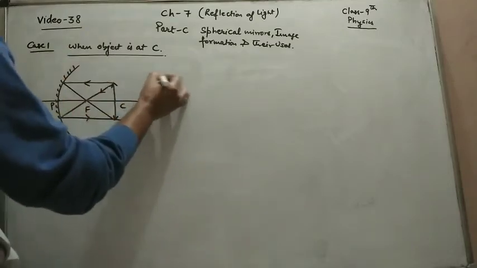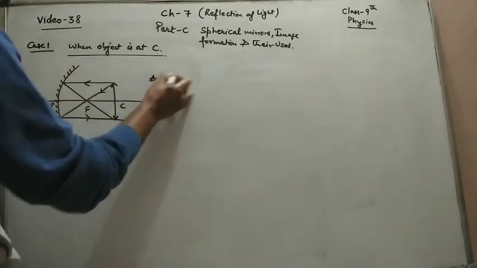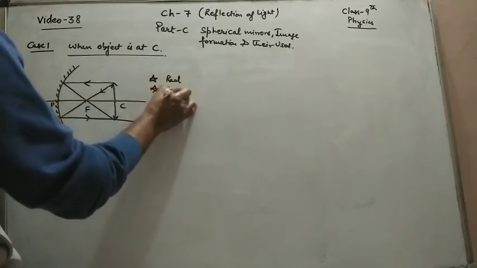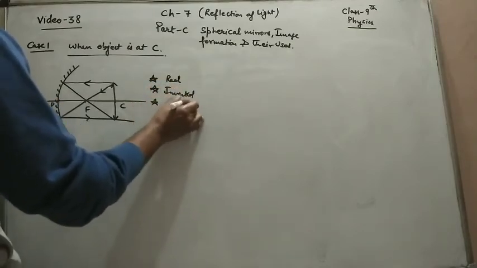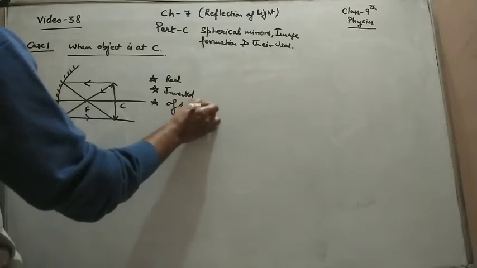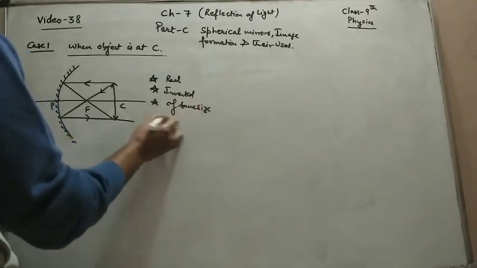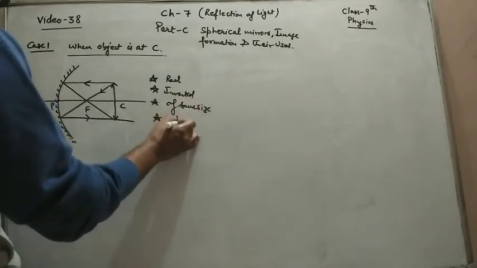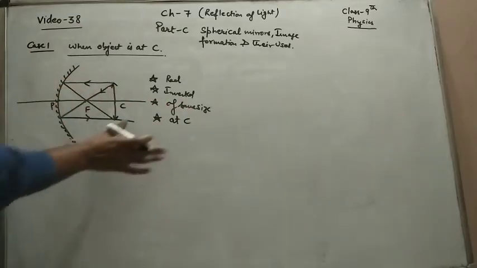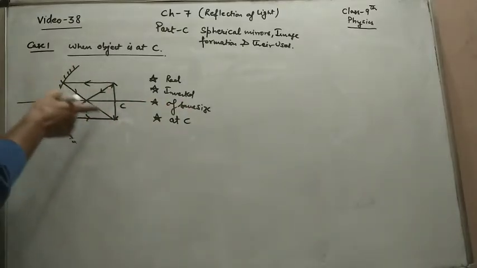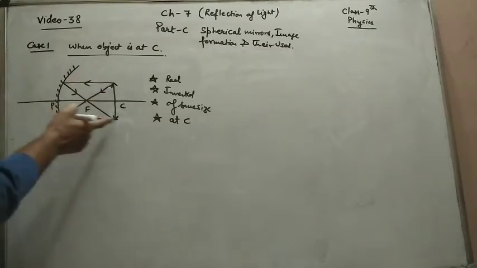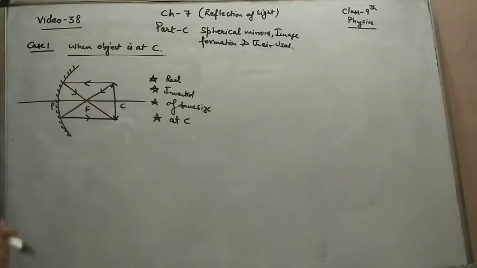So the characteristics are real, inverted, of same size, and fourth one is at C, image is also forming at C.